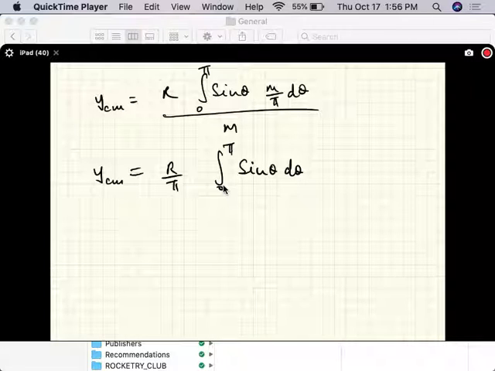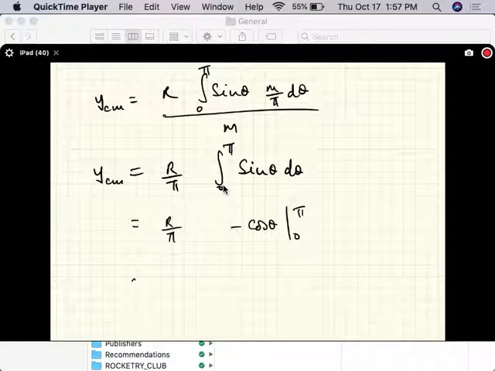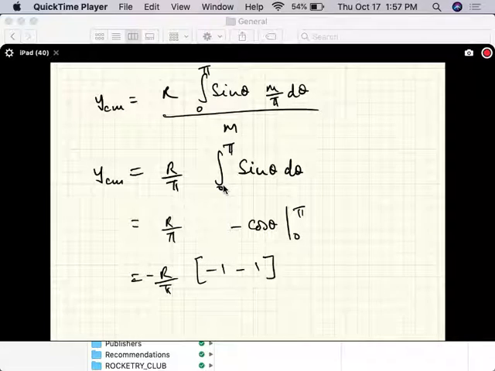So what this problem is showing you is how to set up integrals. Let me finish this and then I'll review the problem again. R by pi, the integral of sine theta is minus cosine theta, from 0 to pi. Minus cosine pi is, pulling out the minus sign, is minus minus 1, minus cosine 0 is 1.